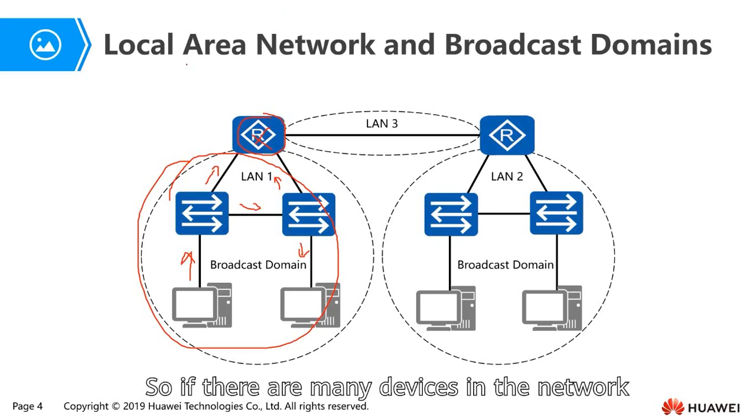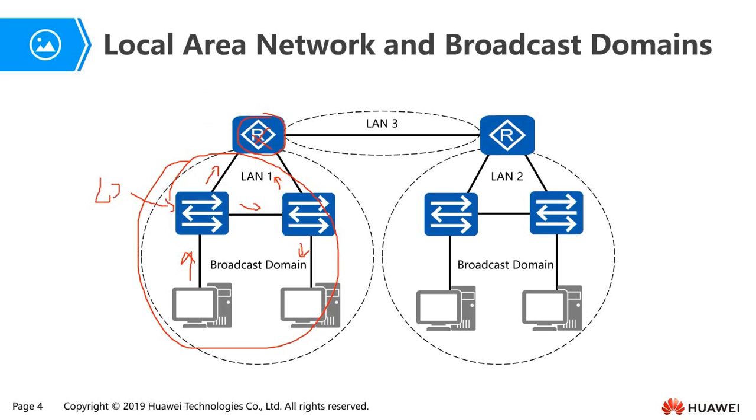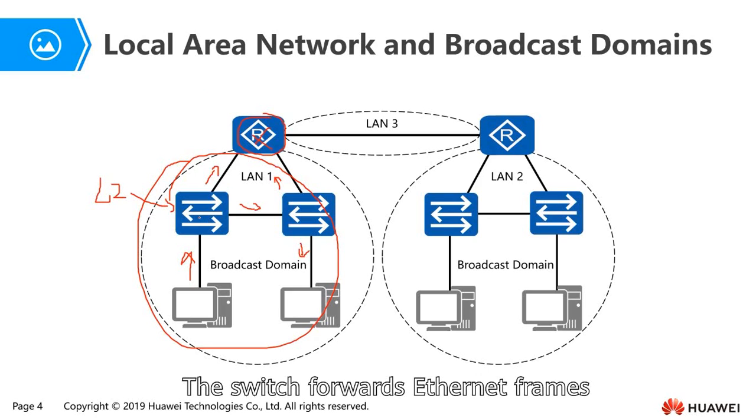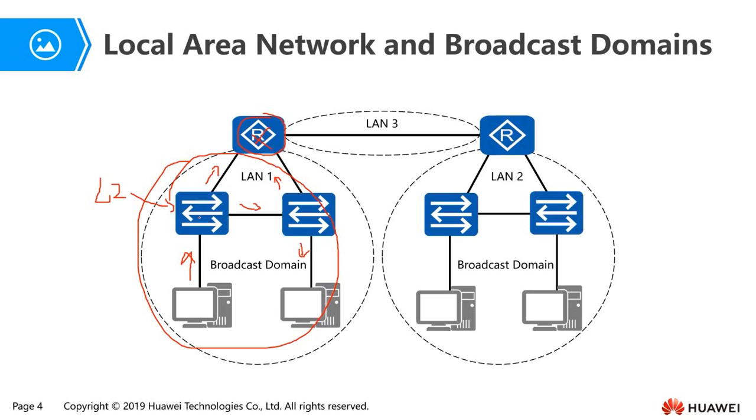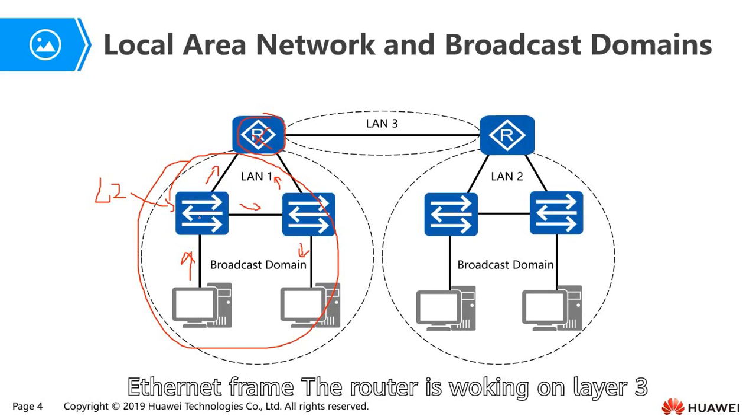So if there are many devices in the network, we must use the router to divide the broadcast domain to make the network scalable. The switch works on layer 2. The switch forwards Ethernet frames based on the MAC address table, referring to the destination MAC address in the Ethernet frame.